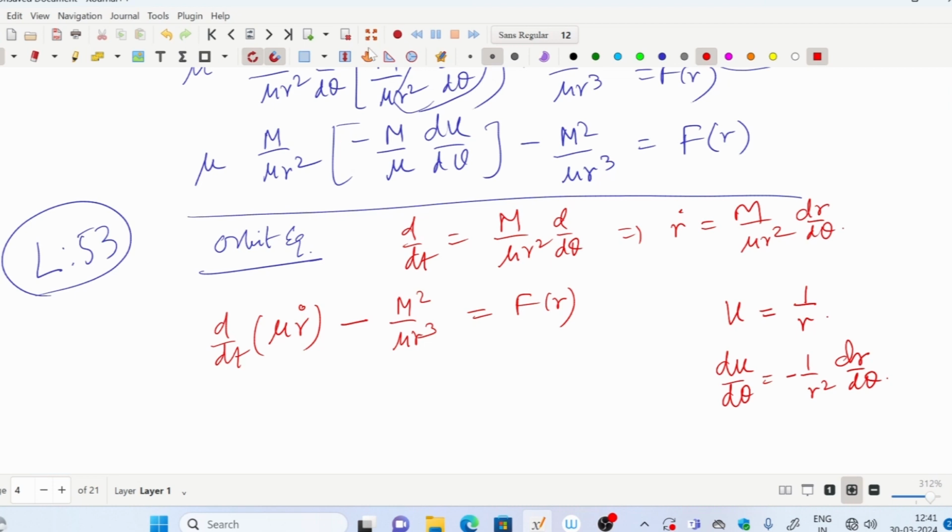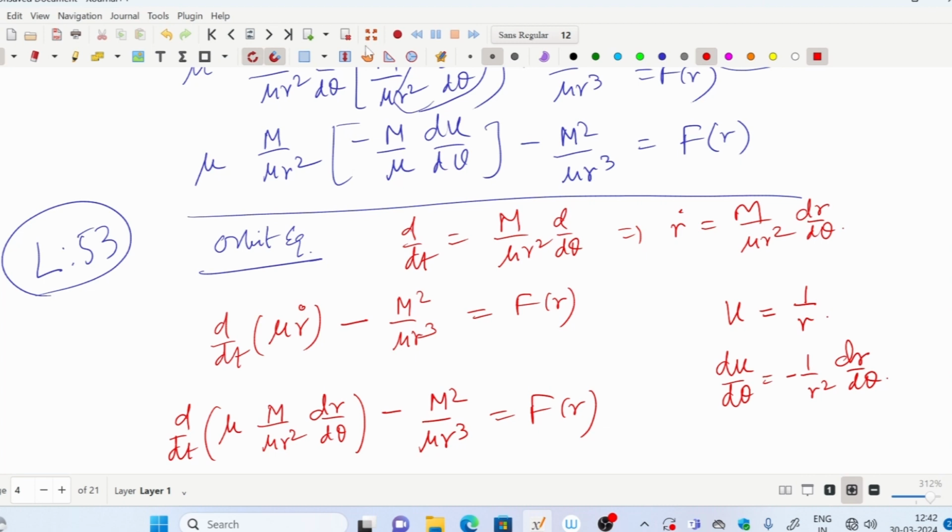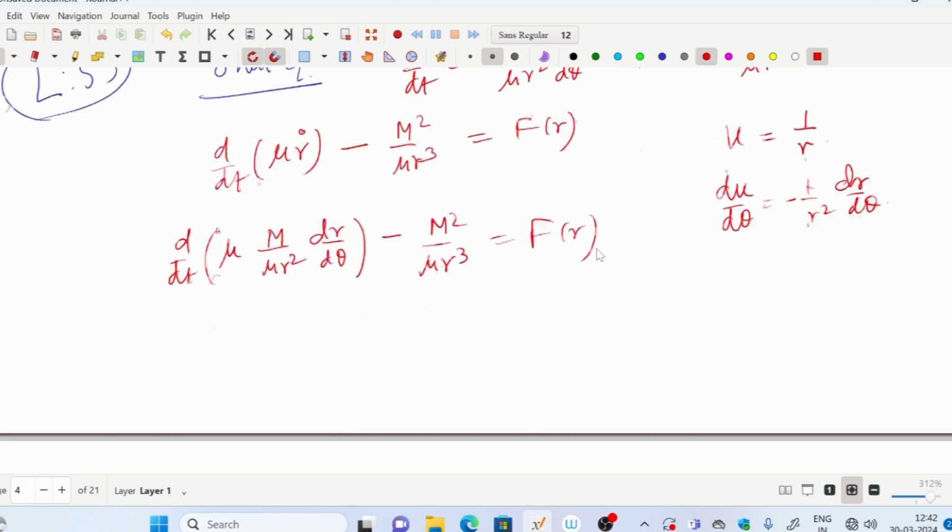Okay, so now let us start with this equation, d/dt of mu r dot, and r dot I will substitute as m/(mu r square) dr/dθ, minus m square by mu r cube equal to f(r). I will write this in terms of u.